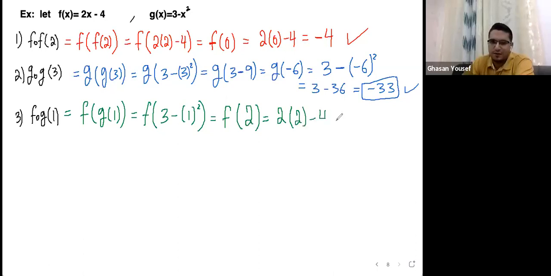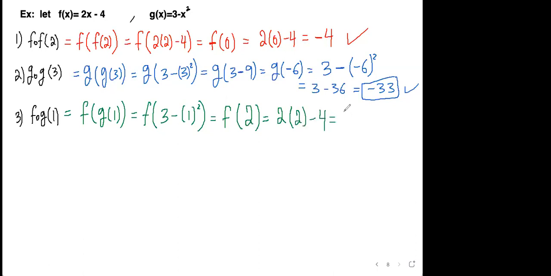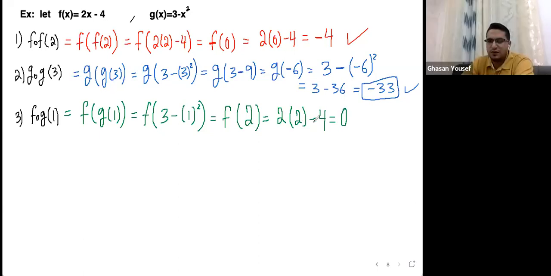Okay, nice. And what is the answer? 0. 0, correct. Because 2 times 2 is 4, 4 minus 4 is equal to 0. So the answer is 0. Nice, thank you. Any question about this example?